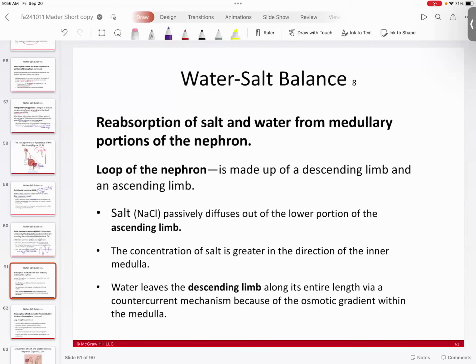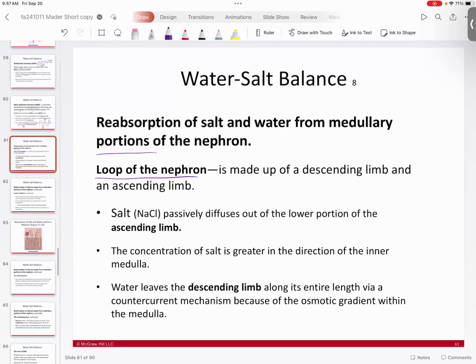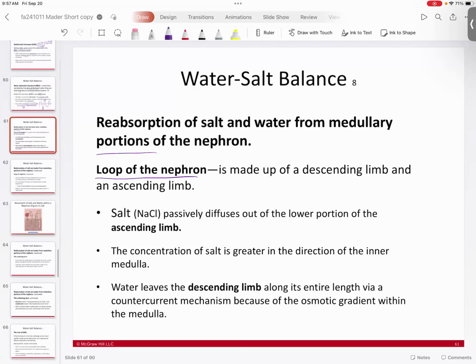So now when you take a look at the salt and water from the medullary portion of the nephron, we start moving into the nephron loop, or the loop of Henle. So we have a descending limb and an ascending limb. Salt itself will passively diffuse out of the lower portion of the ascending limb. That's the one going up.